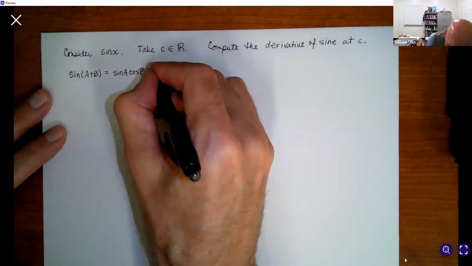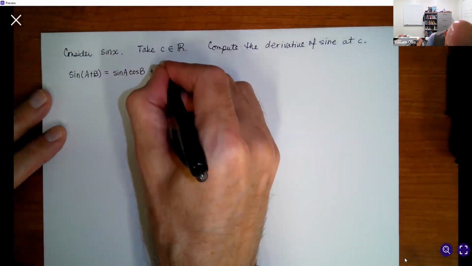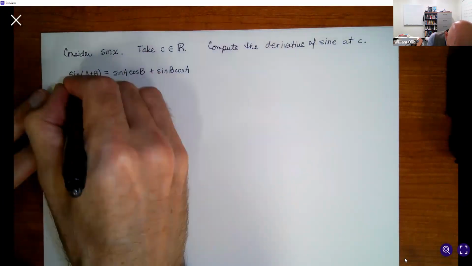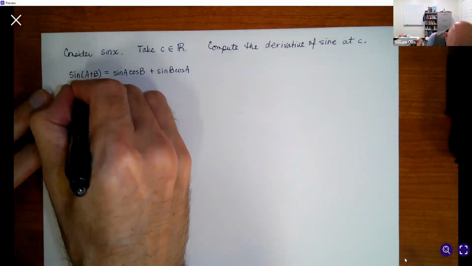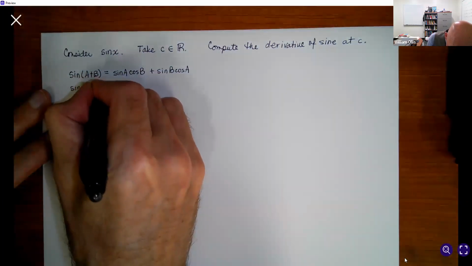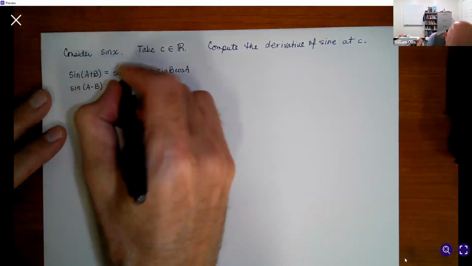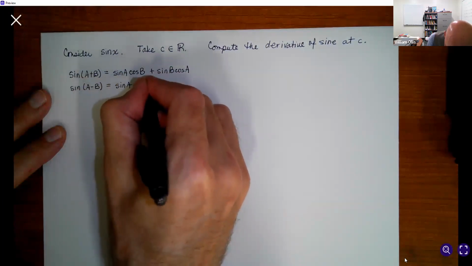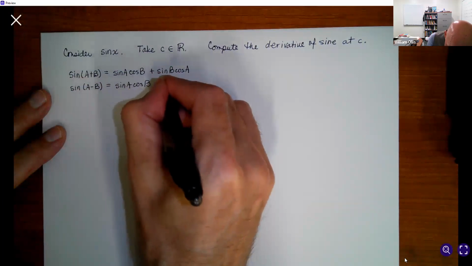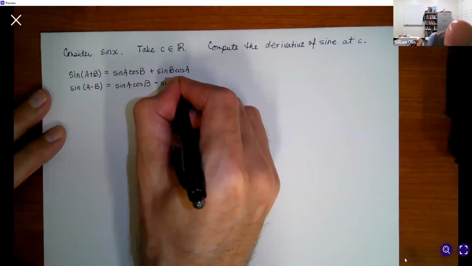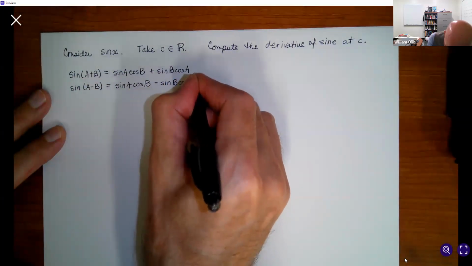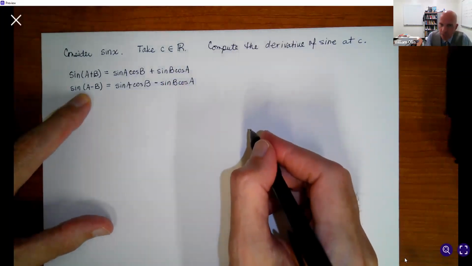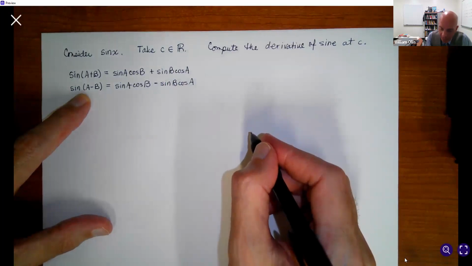Sine A cosine B plus sine B cosine A. And then sine of A minus B gives us sine A cosine B minus sine B cosine A. Okay, so we're looking for the difference of two sine functions.